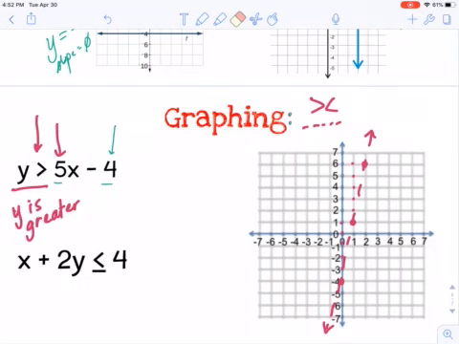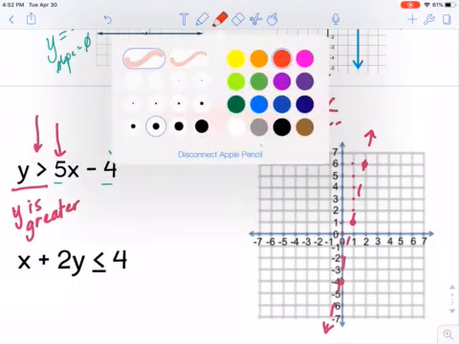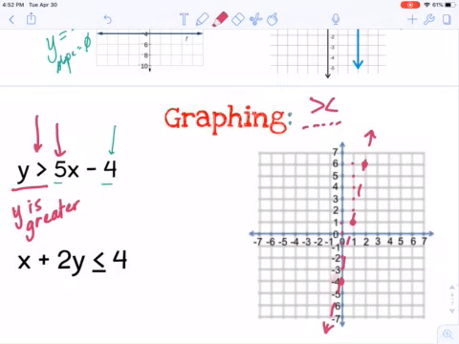So I want to go up, up, up from this line. I'm shading all of this part of the graph. Some of y'all look at that and say, oh, but that's to the left. It's also up from all my points. You'll notice that the top of my y-axis is shaded. That means I definitely had to go up.